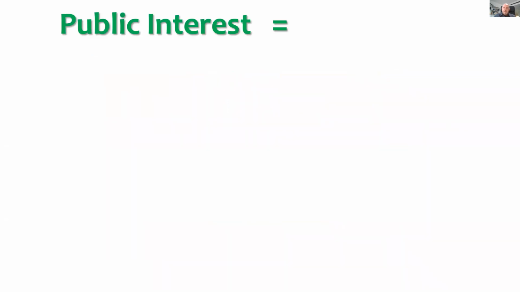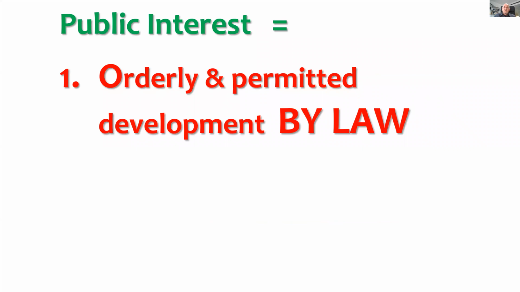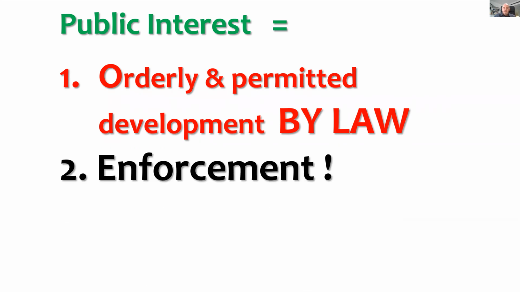What is public interest? First of all, you have to make an orderly, permitted development by law. This is the public interest, first of all, in terms of planning and land uses, and then to enforce it. And the third one is enforcement.